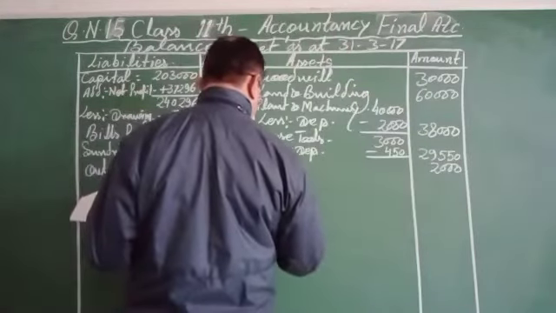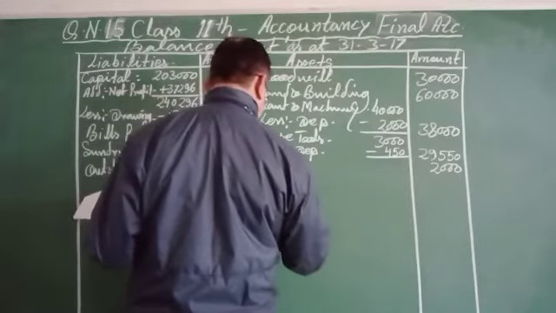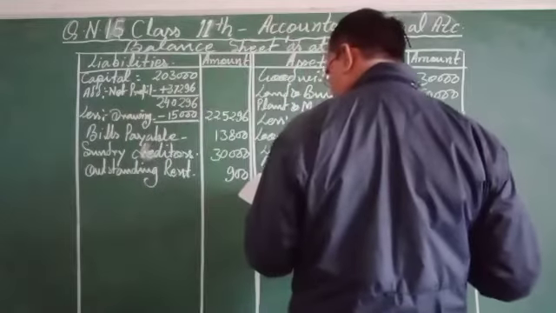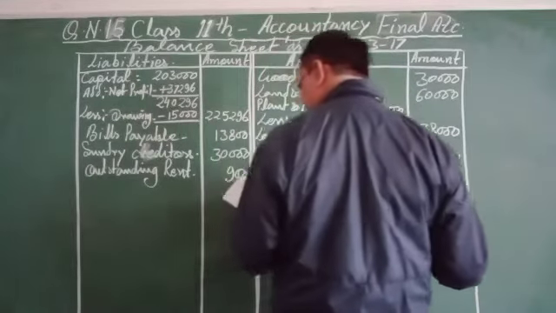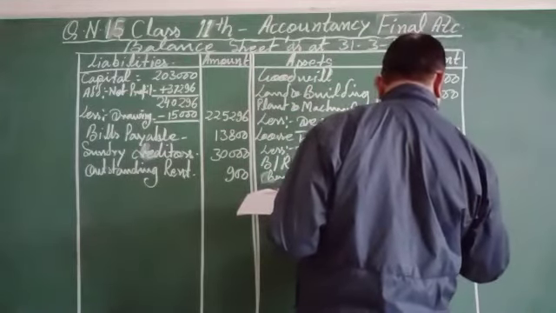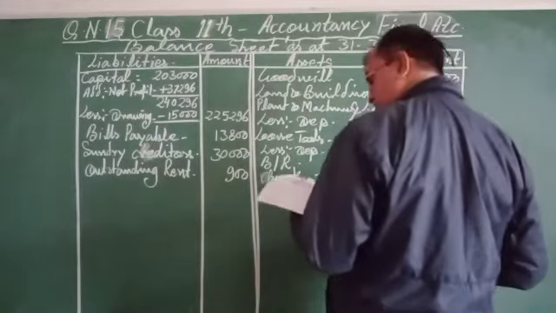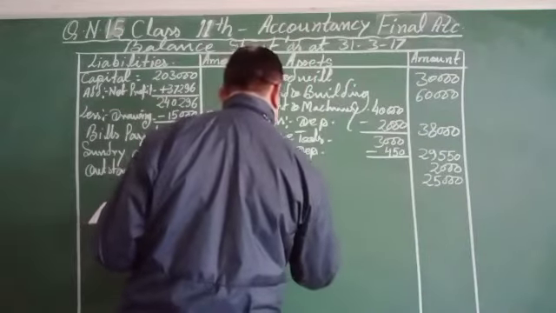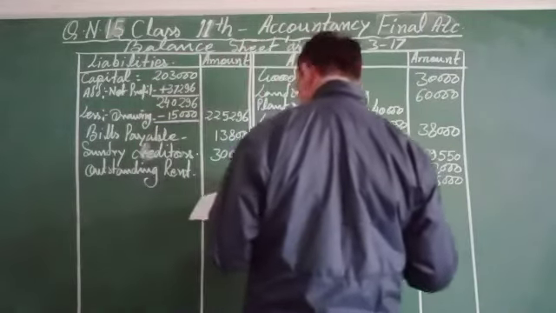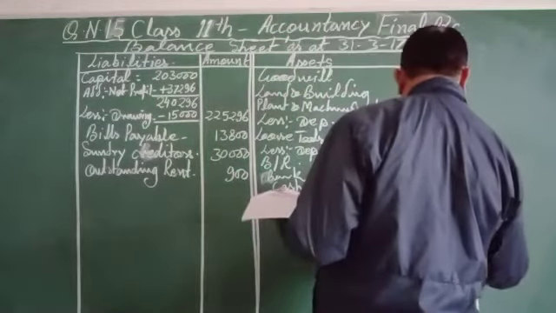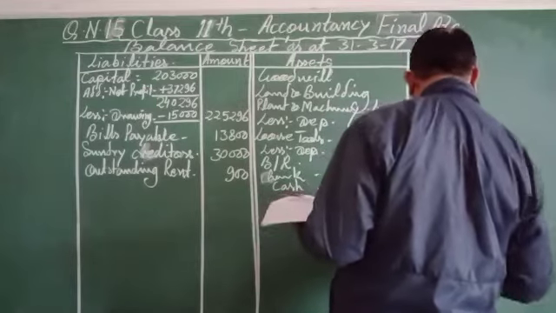Cash at bank 25,000. Cash that is given 1,400.